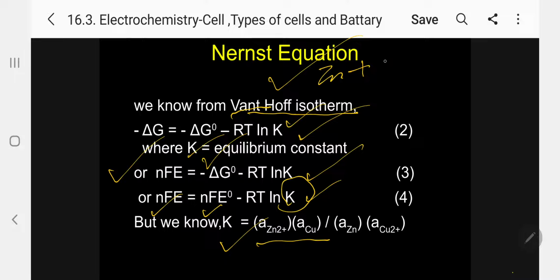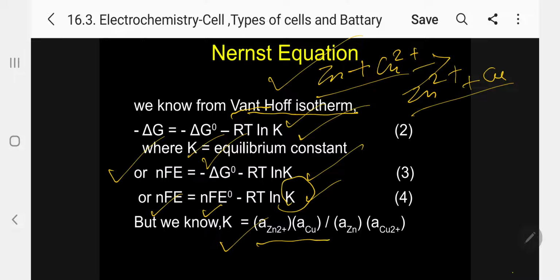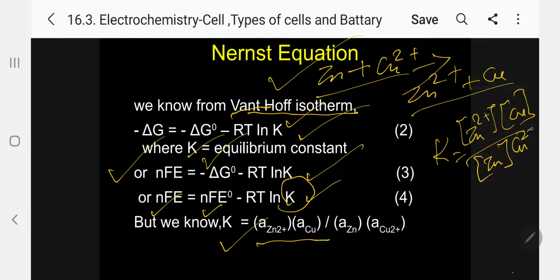Zinc plus copper 2 plus giving zinc 2 plus plus copper. This is the product, this is the reactants. So the ratio K equal to product, zinc 2 plus into copper, divided by zinc into copper 2 plus. This is the K value. Kindly follow.